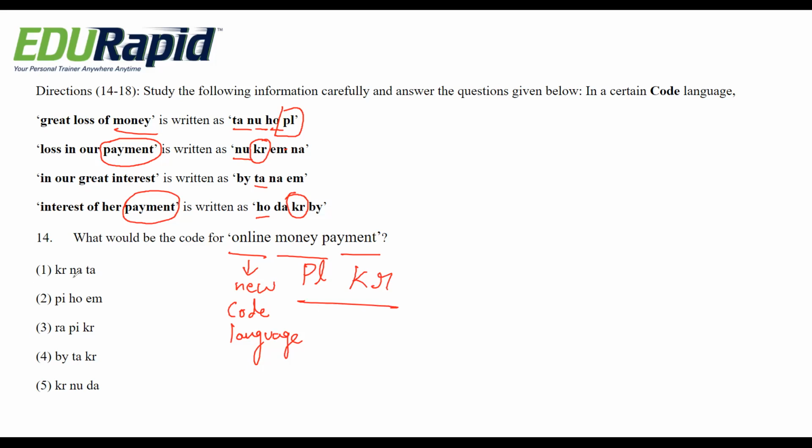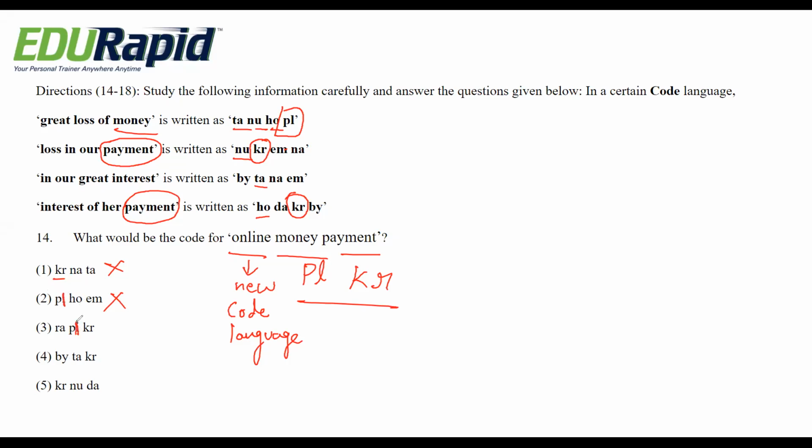Let me see in the options. KR and PL is not present. Only KR is present. Sorry, it is not PA, it is PL, in the second and third one.